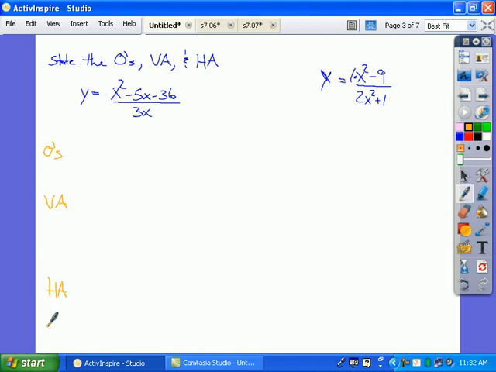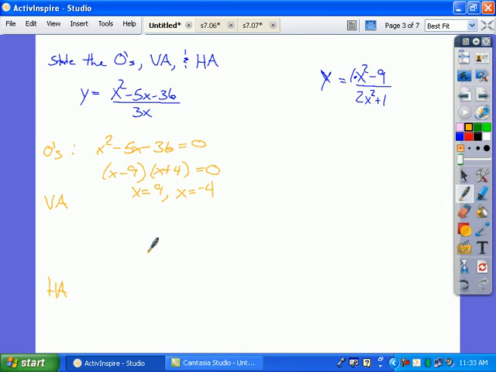So to find the zeros, we set the numerator equal to 0. This is going to factor into x minus 9, x plus 4. So x equals 9, and x equals negative 4. This is where the graph crosses the x-axis. Okay, all I did is I set the numerator to 0 and I solved.